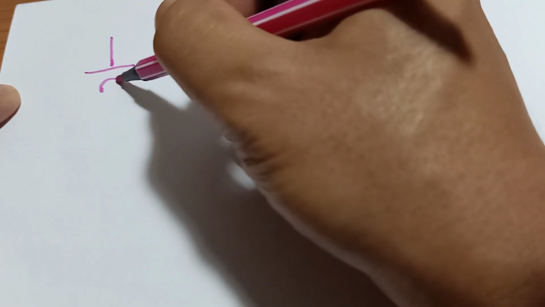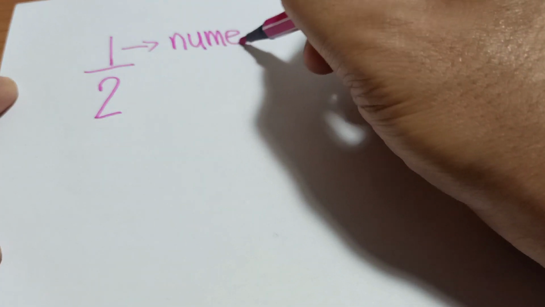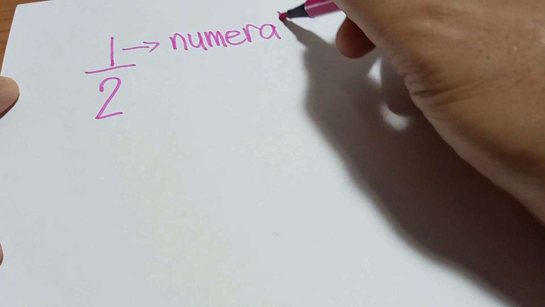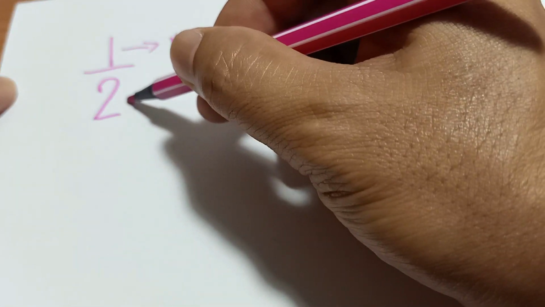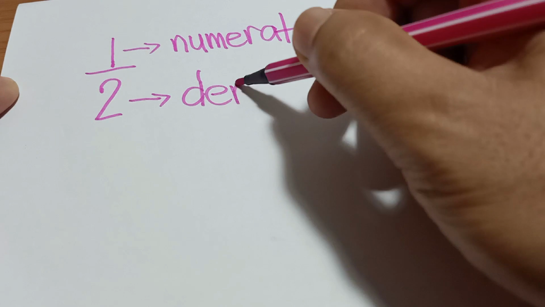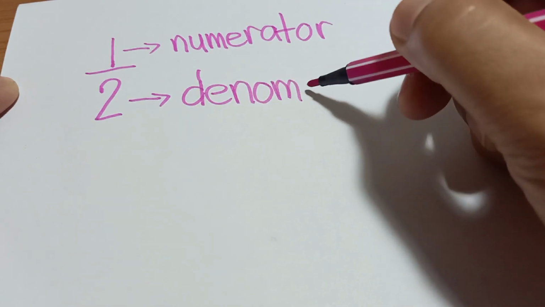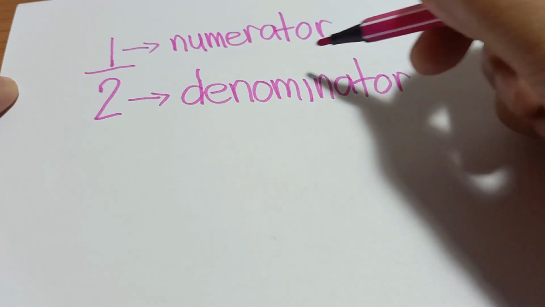For example, if you have 1/2, 1 is known as the numerator, and 2 here is called the denominator, right?